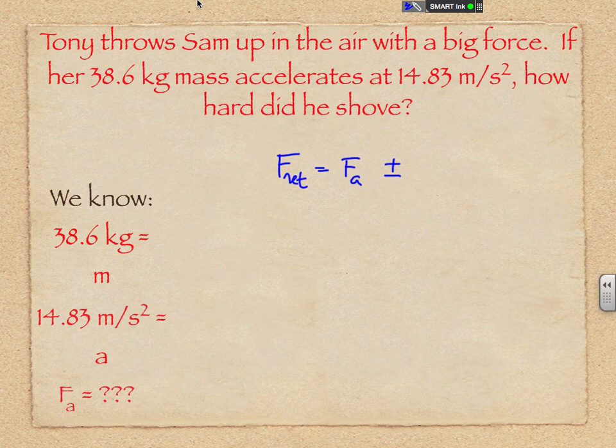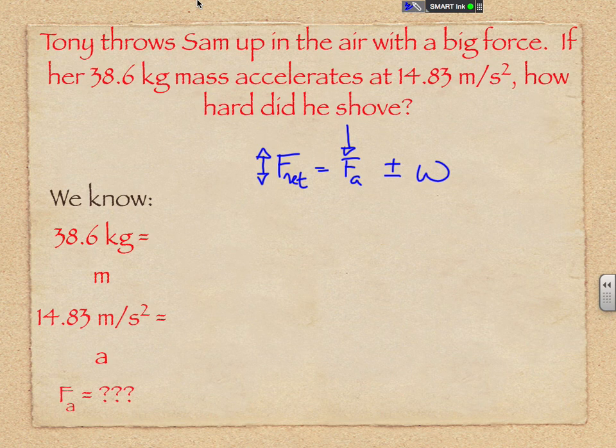How do I know which one to use? He's throwing her up in the air, so clearly I want the up and down one, so that's going to be W. Now, if I'm looking for this one, that means I probably don't know the other 2. I don't know W and I don't know Fnet.